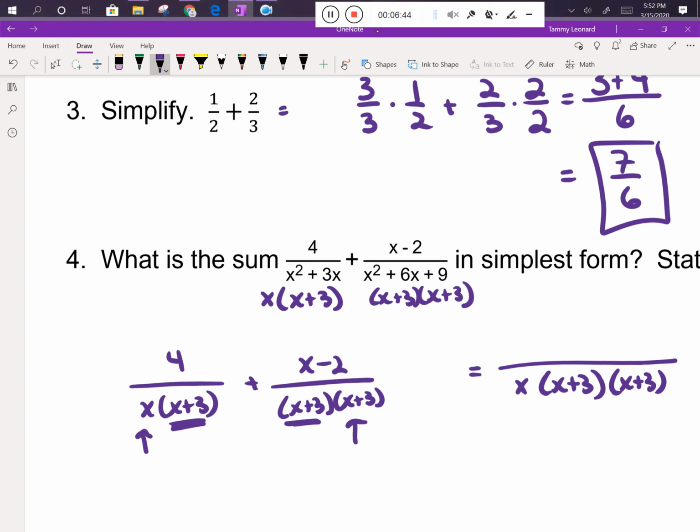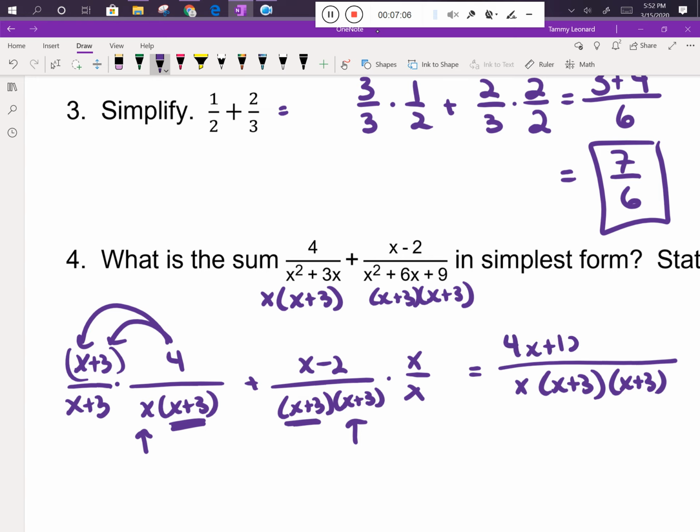All right, the first fraction is missing that x plus 3, the extra one. My second fraction is missing an x. So my new numerator is going to have a 4 that's been distributed to x plus 3. So that's 4x plus 12.